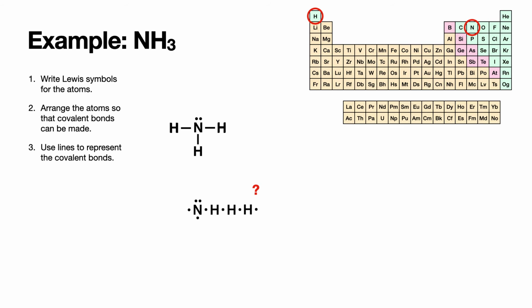For one thing, if you look at the Lewis structure that I drew up above, if you count the electrons that are around that nitrogen atom, it has 2 electrons that are still being shown by dots, and then there are 3 pairs of electrons represented by lines.